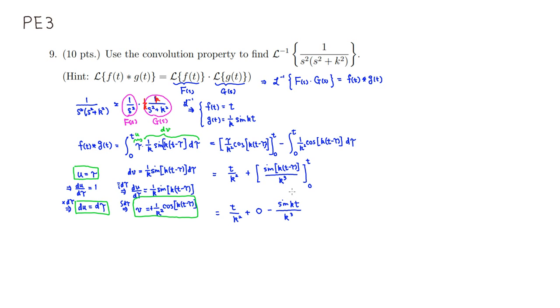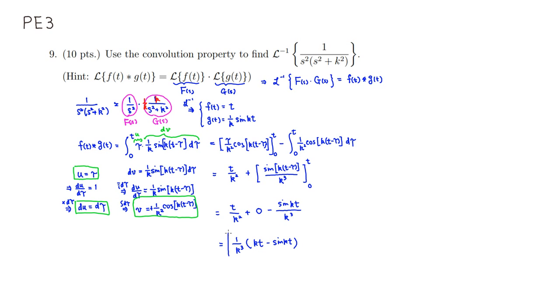Pulling out 1 over k cubed, you have an extra k, so kt minus sine of kt.